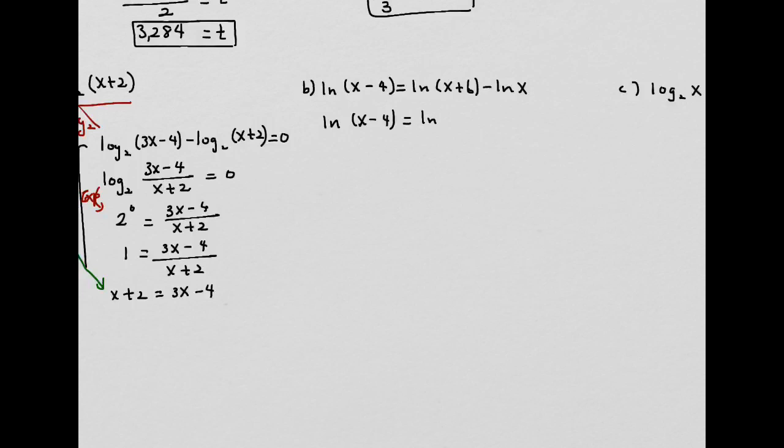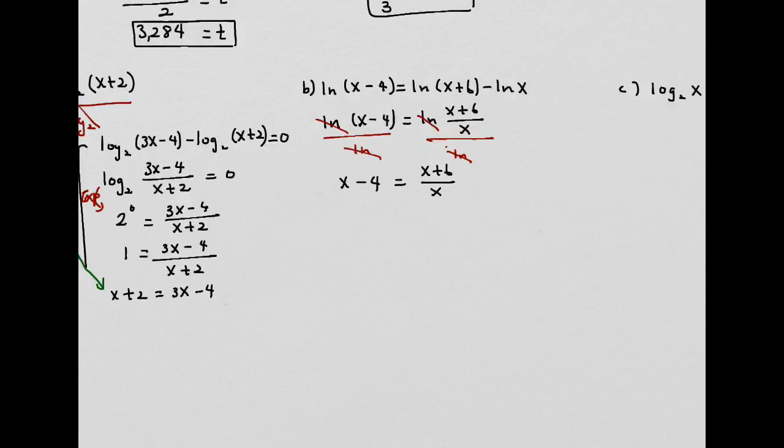So this is subtraction, so we change it to division. Once it's a single logarithm, then you can divide both sides by natural logarithm to get rid of the log. Then you get x minus 4 equals (x plus 6) over x.